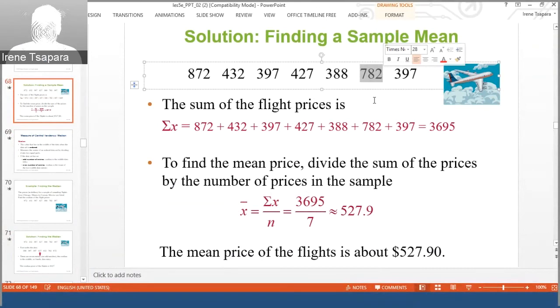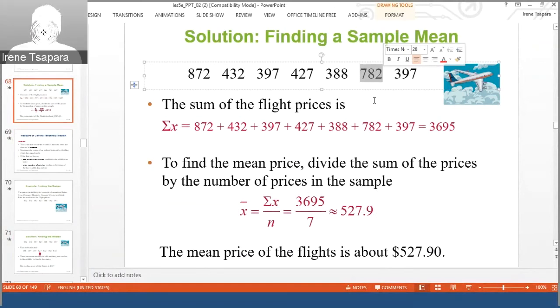Okay, so do we always drop the outliers out of the data set? No. What we do with the outliers is that we investigate them and we try to reason why they exist. If there is an important reason why the outliers are there, then the outliers need to be kept in the data set.